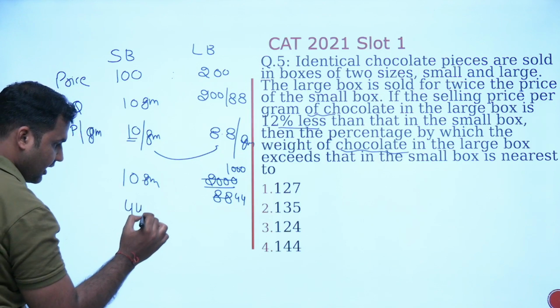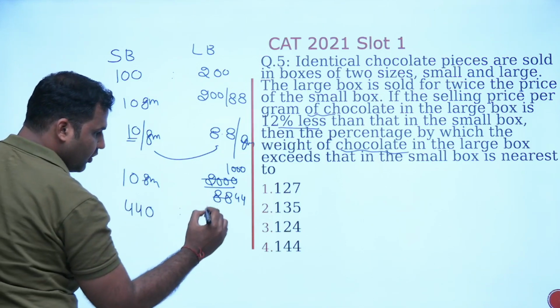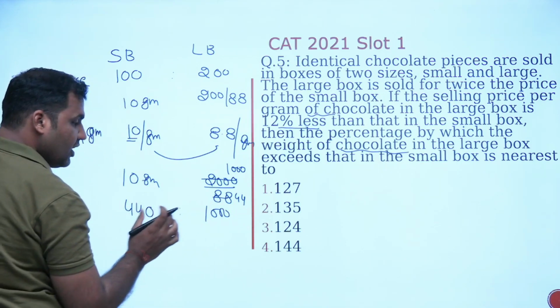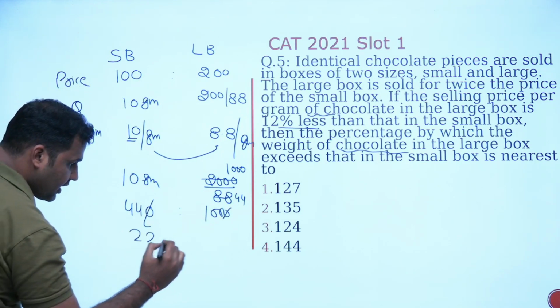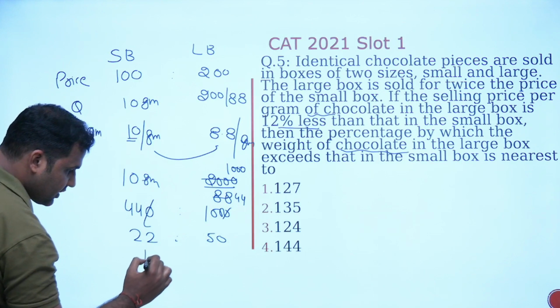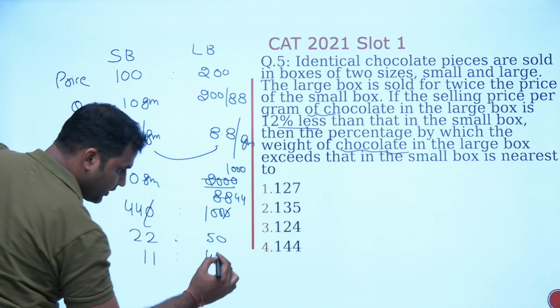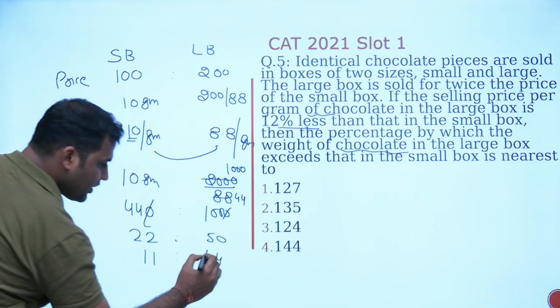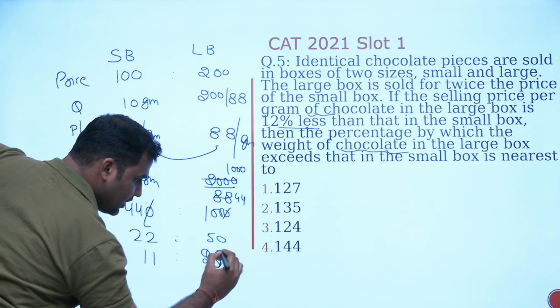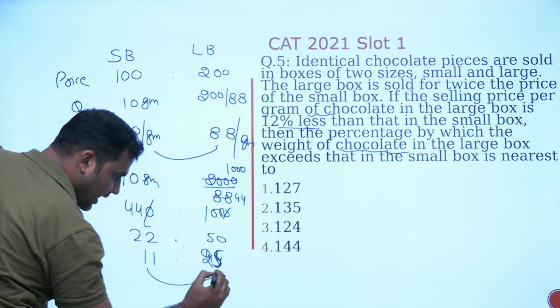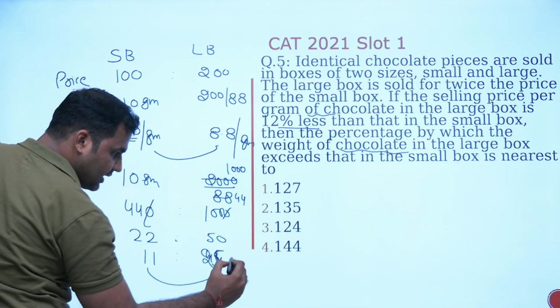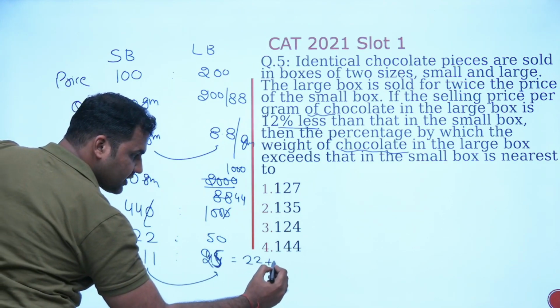Can I say that the ratio of the weight in both of these two boxes will be 440 ratio 1000? That is a ratio of 22 ratio 50, which is 11 ratio 25. Now you just need to see that 25 is how much more than 11. 25 you can see is 22 plus 3.